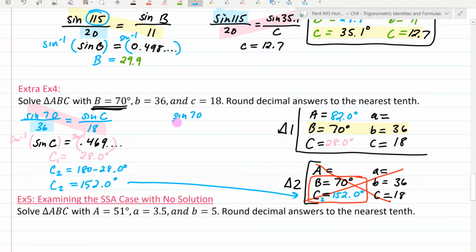So sine of 70 over 36 is equal to sine of 82 over a. Cross multiply, so we multiply these two together and divide by sine of 70. And when we solve, we get A is equal to 37.9. And again, the longest side is across from the biggest angle, and the shortest side is across from the shortest angle.